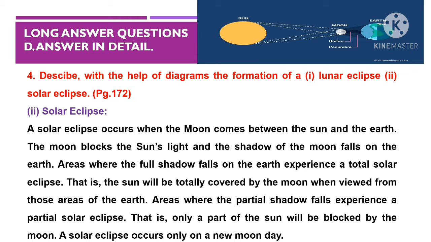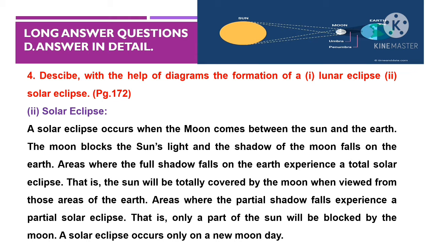Solar eclipse. A solar eclipse occurs when the moon comes between the sun and the earth. The moon blocks the sun's light and the shadow of the moon falls on the earth. Areas where the full shadow falls on the earth experience a total solar eclipse.